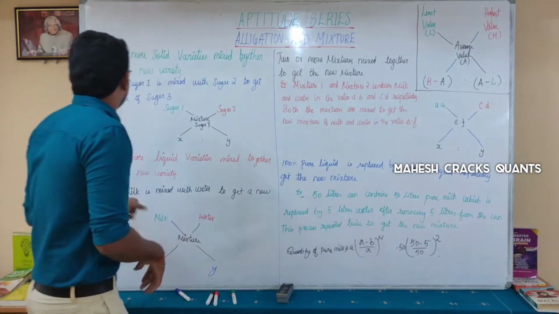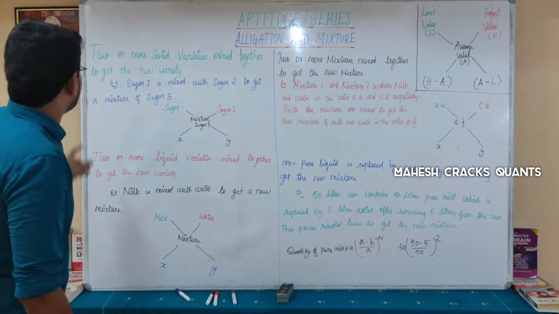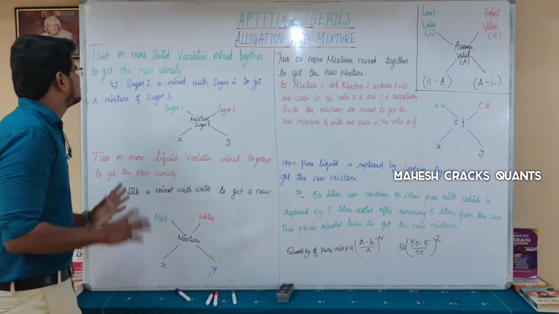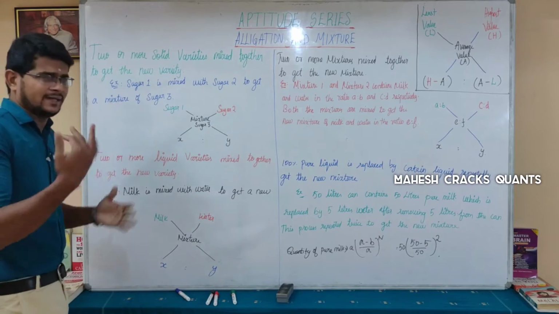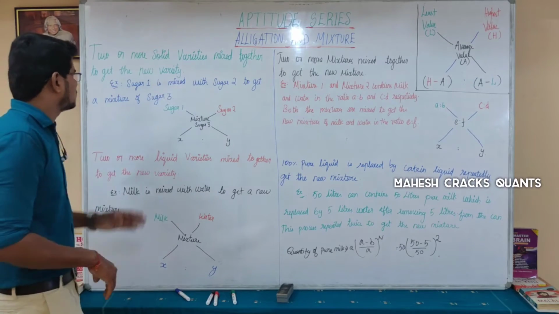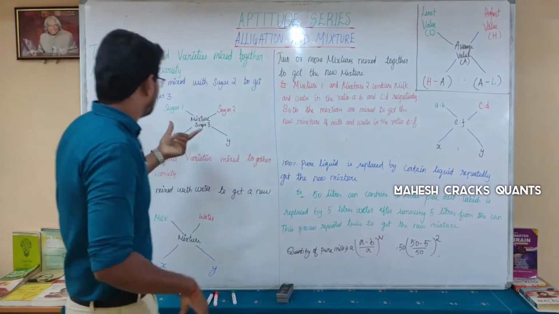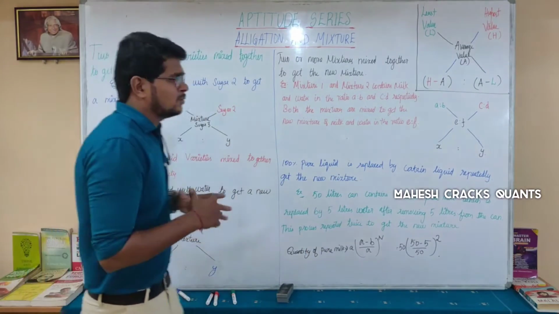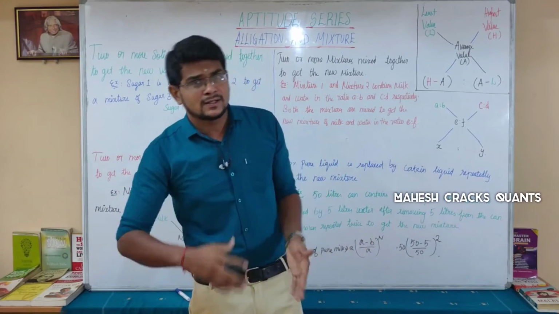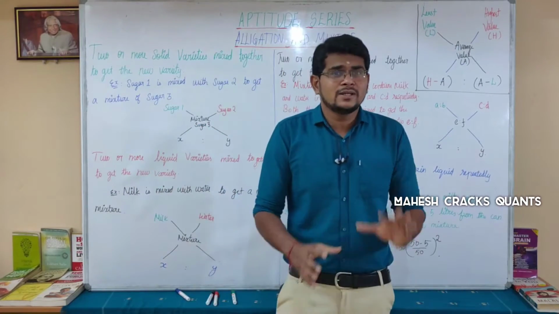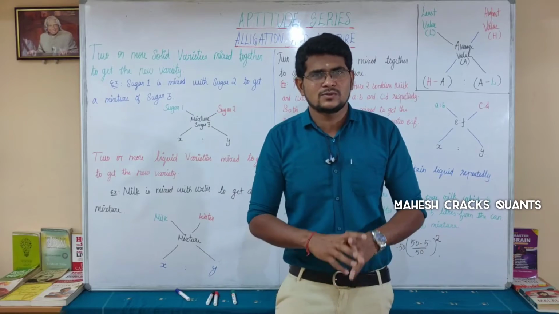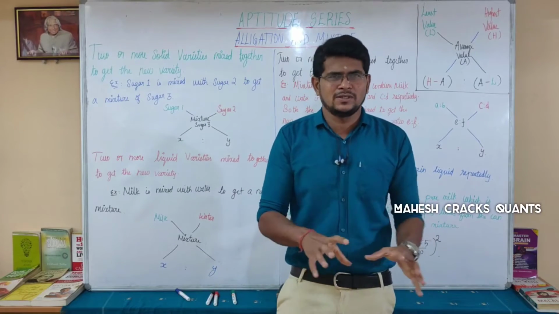Okay, let's come here. The first type of question is two or more solid varieties mixed together to get a new variety. Example, sugar 1 is mixed with sugar 2 to get a mixture, sugar 3. We'll come to this diagram later. There are two kinds of sugars, and they are mixing both together to get the new sugar, sugar 3.